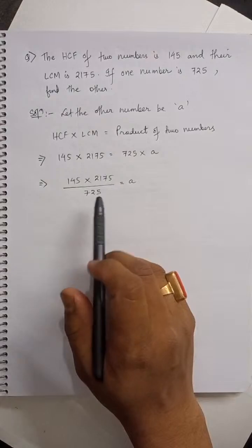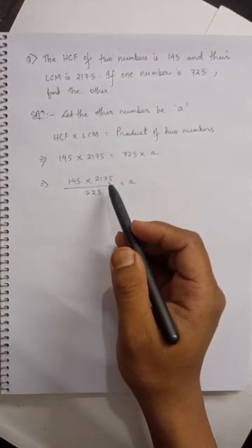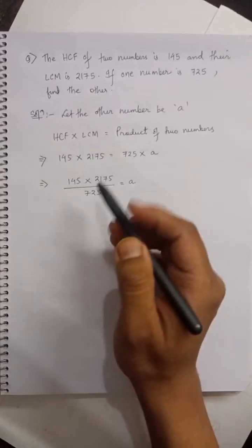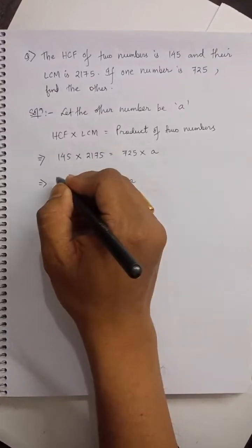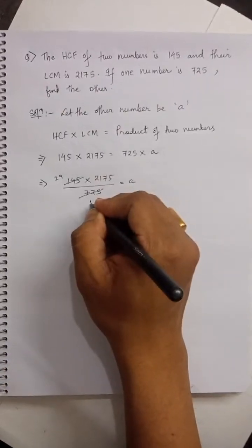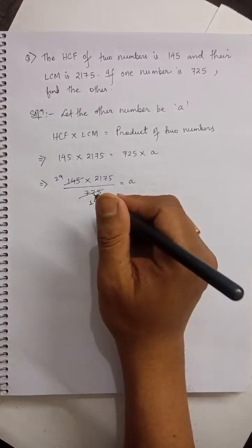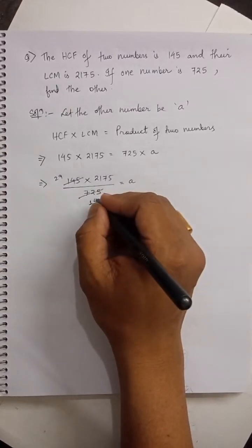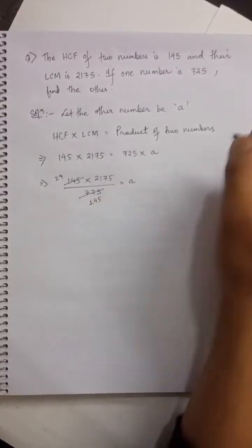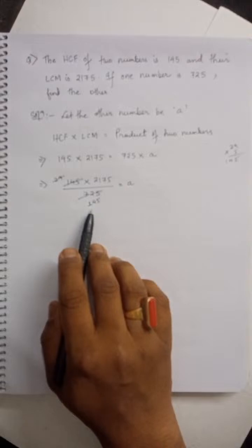So we can find the common factor and then we can start the cancellation process. Quite obviously, we can divide it by 5. So 5 into 2 is 10, 5 into 9 is 45, 5 into 1 is 5, 5 into 4 is 20 and 5 into 5 is 25. So 29 into 5. We can divide 145 by 29.